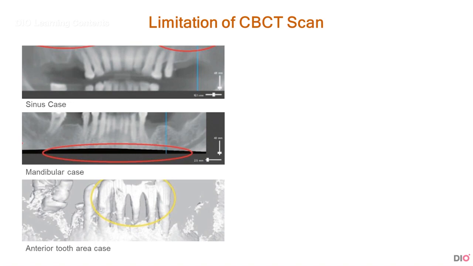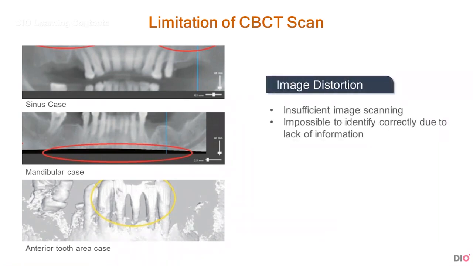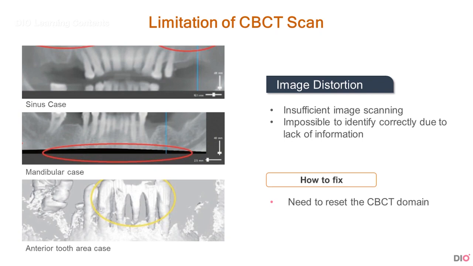The second is a mandibular case, but the mandibular nerve is not visible. The last is the anterior teeth, but you can't see the images of the antagonist. Of course, with this CT image, implant planning and guide prediction can't be done, right? In this case, you can reset the CT domain and take the CT again, including the required part.